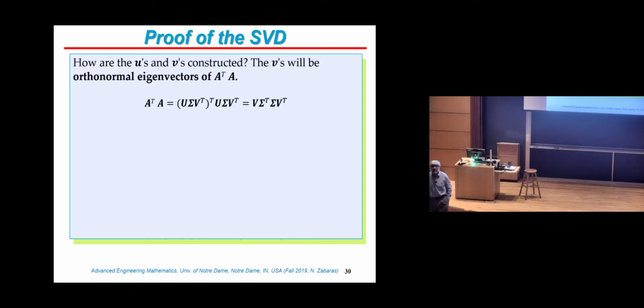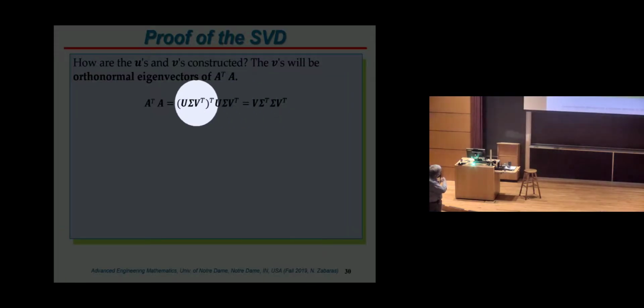So what is V? It's the matrix that contains in its columns the orthonormal eigenvectors of which matrix? A transpose A. Nice. So we know where V comes from. It's basically the eigenvectors of A transpose A.